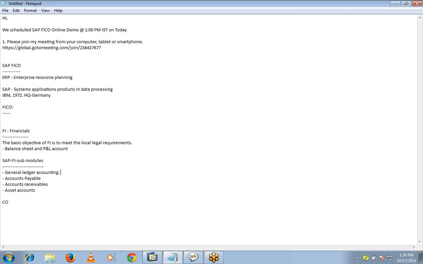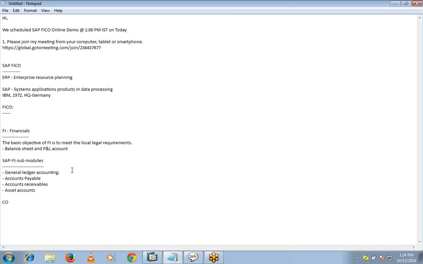Am I clear on this? Yes. So, GL accounts are mandatory. In general ledger accounting, we are going to see how the GL accounts will be used for the financial information, and how we are going to take them as accounting entries in the books of accounts.